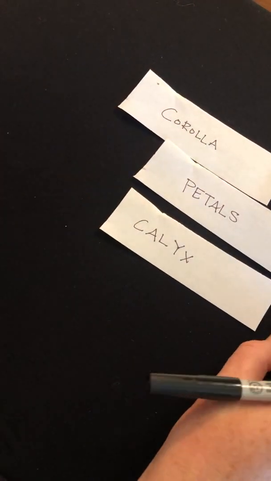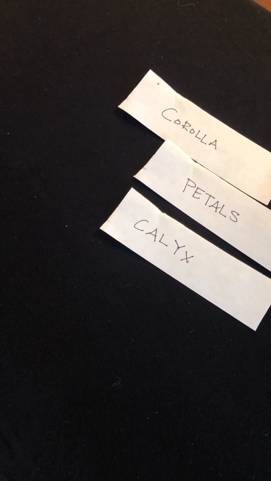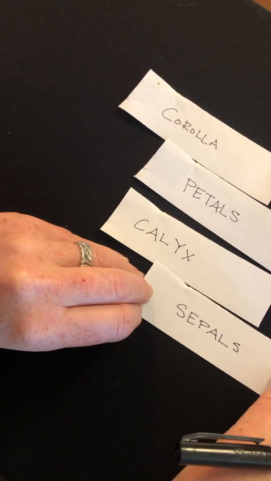And our calyx is made up of sepals, often green, but in our case today, pink sepals.